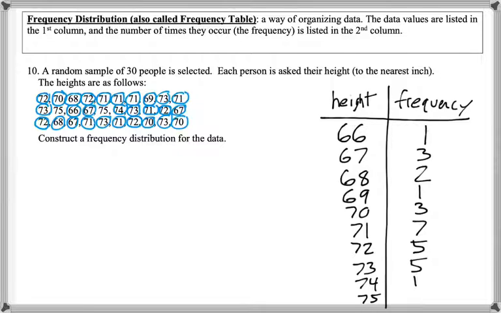And 75 is our last value, and there's 2 of those. So that would be our frequency distribution.